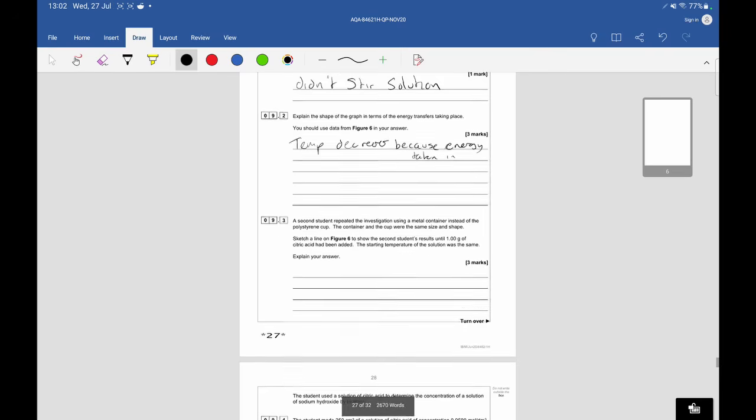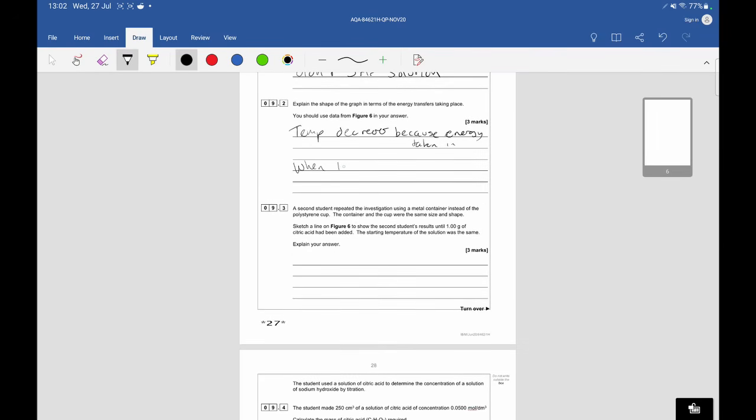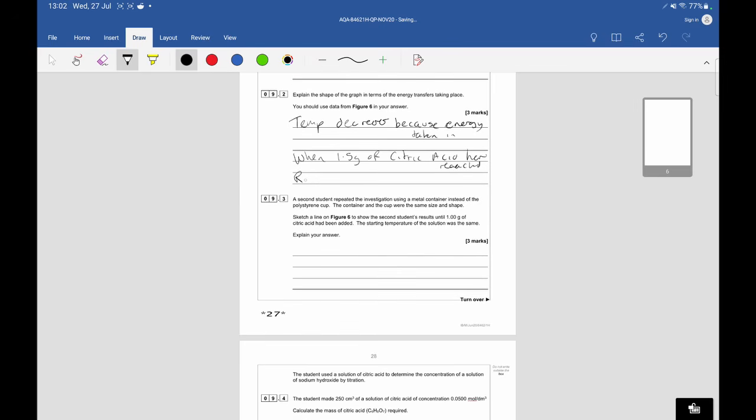We then know the temperature starts to go up, and that does that when the 1.5 grams of citric acid has reacted. And we know that the only reason where that extra temperature must be coming from is the surroundings, the room. No, it's increasing, that's the wrong phrase to use. Let me reword that.